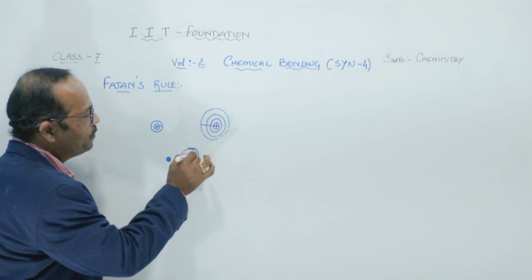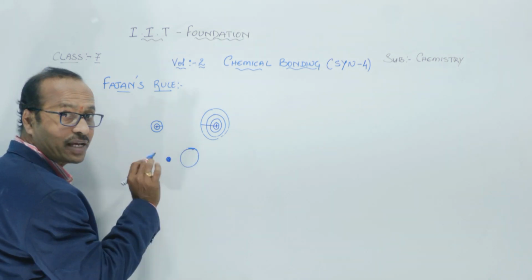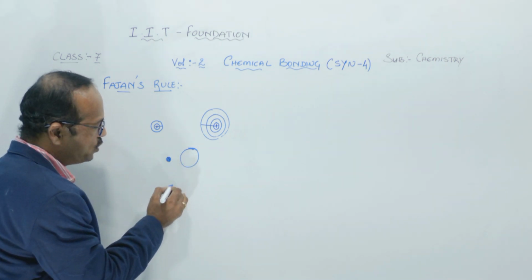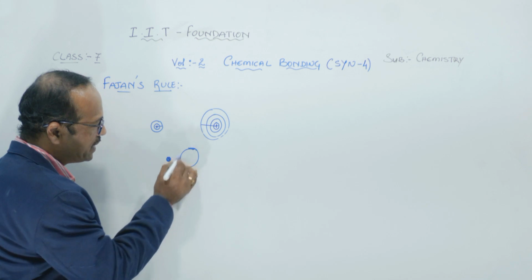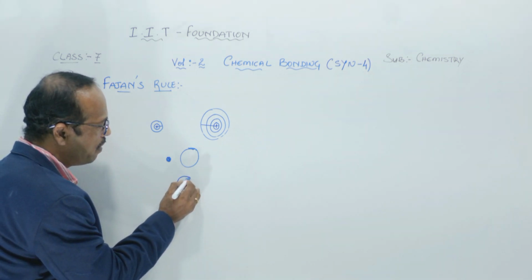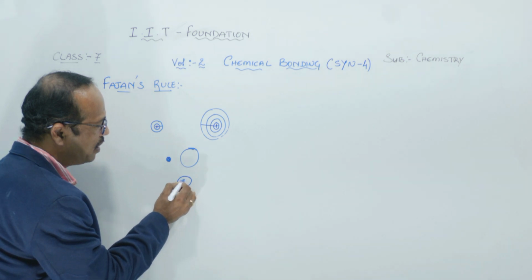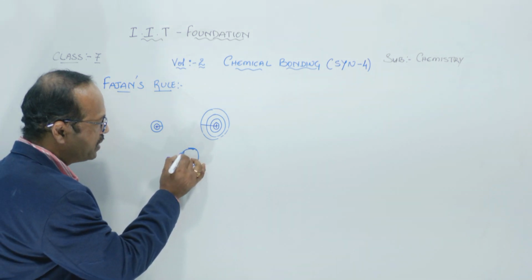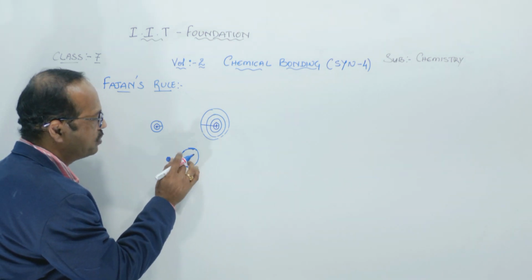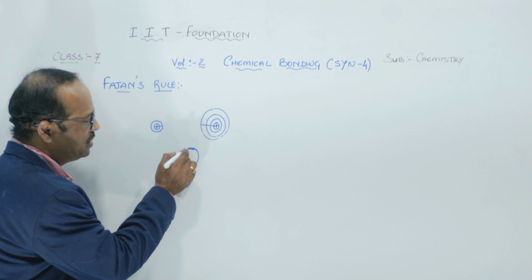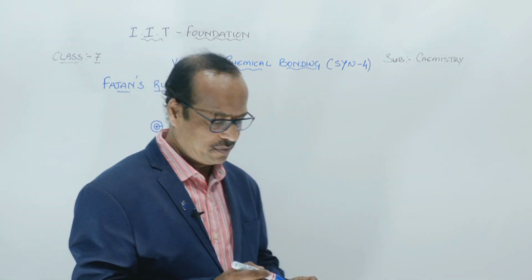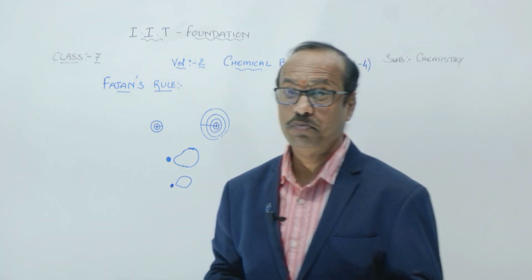I said it is spherical in shape, but now the shape is attracted toward this one, so instead of spherical it becomes like this. Did you understand? The shape is changed.